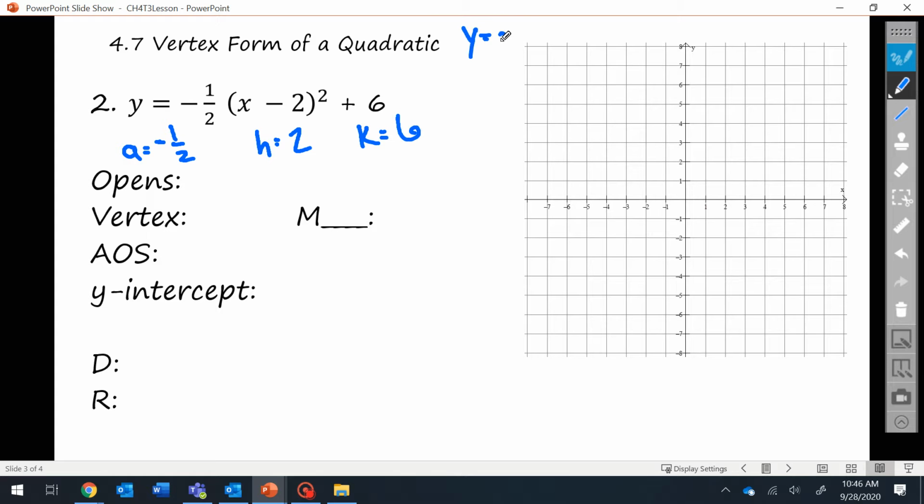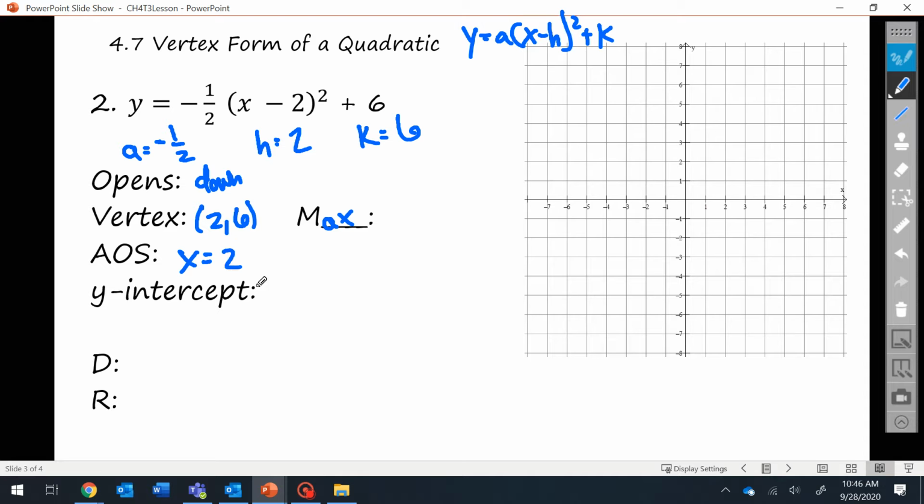Remember, we're looking for these from the equation a(x minus h) squared plus k. So this opens down because the a value is negative, which means that we're going to have a maximum. The vertex is just h comma k, which is 2 comma 6, which means the axis of symmetry is just the x coordinate, x is equal to 2.